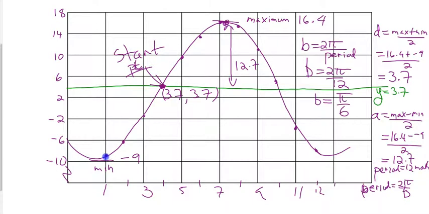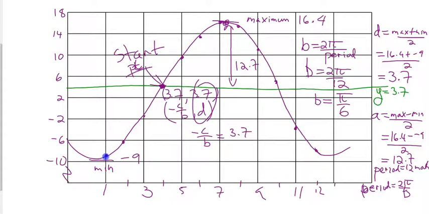The start point formula I gave you was negative c over b comma d, right? This we already have. We already know d is 3.7. We are going to work out c, because I want to be able to graph this on a graphing calculator. So I want to get the full equation. So we're going to say negative c over b is equal to 3.7, right?